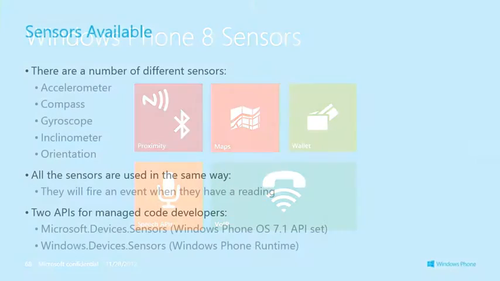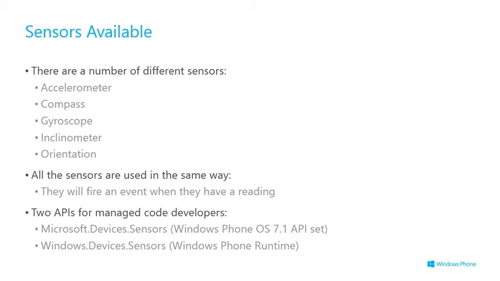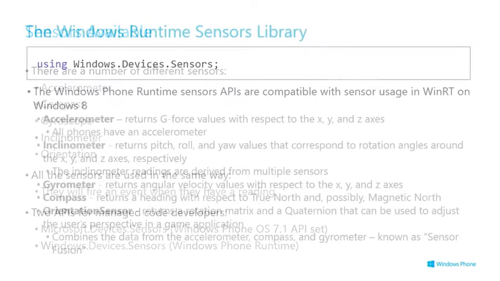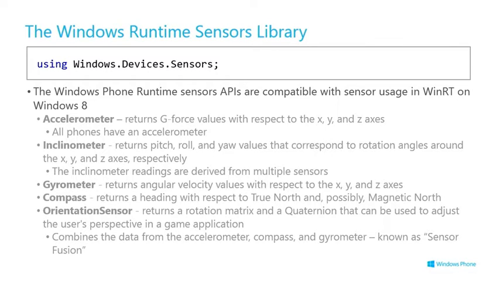A quick little thing just to finish on sensors. There are a number of different sensors on the phone: accelerometer, compass, gyroscope, inclinometer, and orientation. All of these sensors are used in the same way. They fire an event when they have a reading. We've got two APIs for this: Microsoft.Devices.Sensors, which is the old way of doing it, and a Windows Runtime API as well, Windows.Devices.Sensors. I'm going to concentrate on the new one.